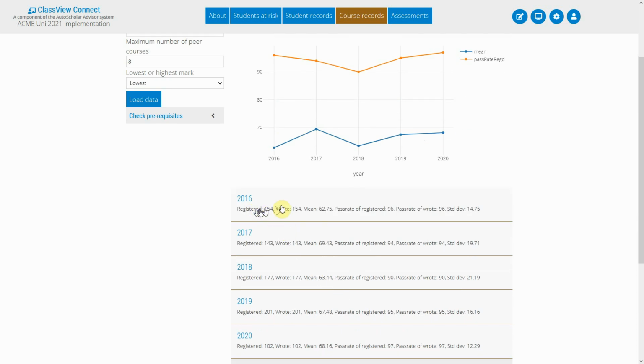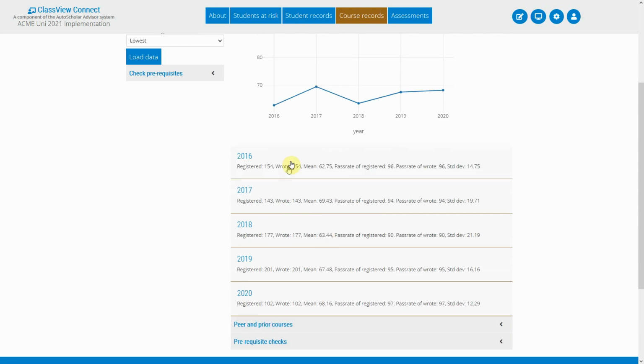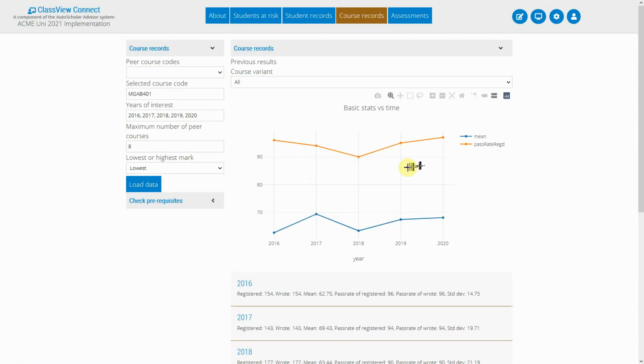And then you can get your various statistics down here. So for each of the years, it's the same information. Well, this shows just the mean and the pass rate. If you wanted other information, that's shown here. Note also that the definition of pass rate and mean is based on the number of students who wrote the final exam.